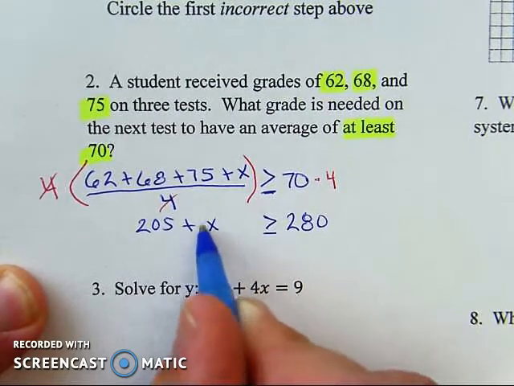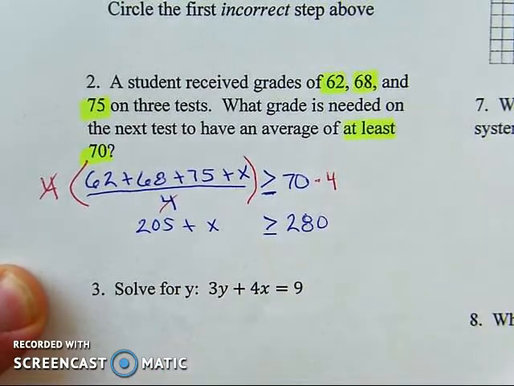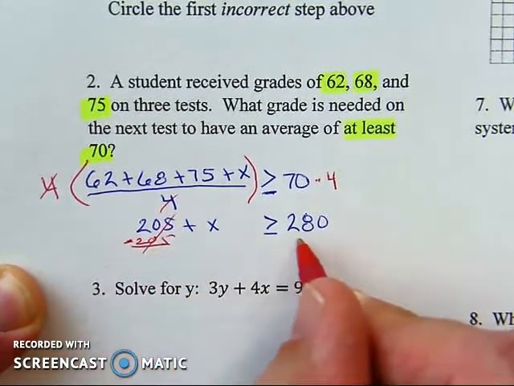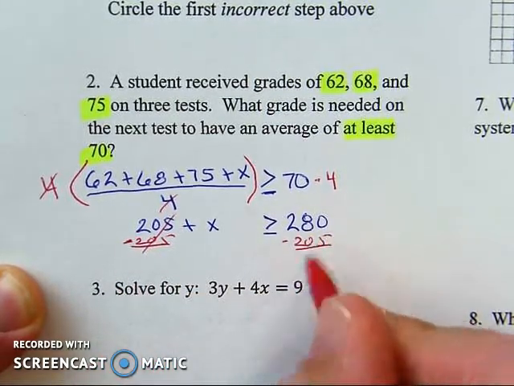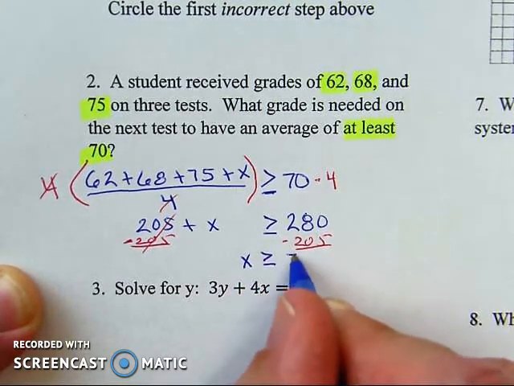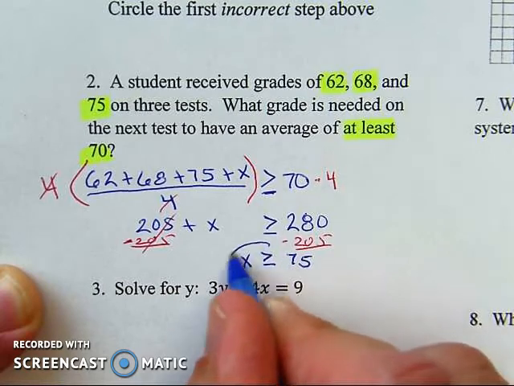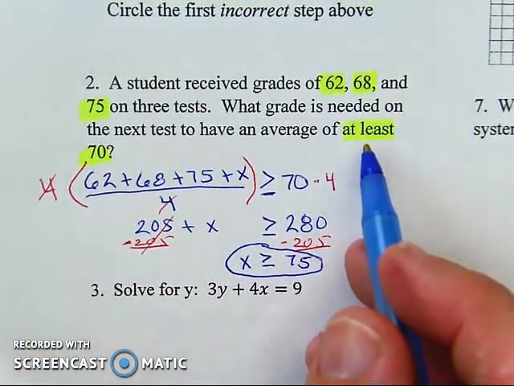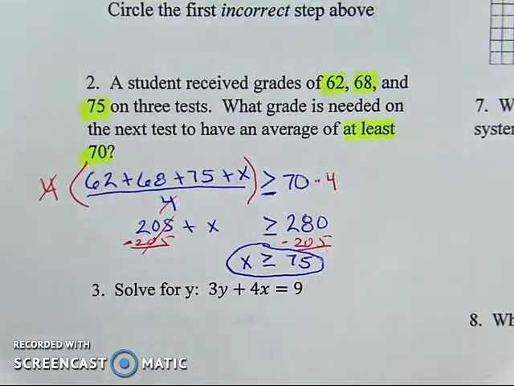Well, I still need to get x by itself, so I'm going to go ahead and subtract 205 from both sides. That will cancel out there, and minus 205 here means I'm going to get my answer. So we need to get a 75 or more, but the way it asked was, what do you have to get at least? So you have to at least get a 75.